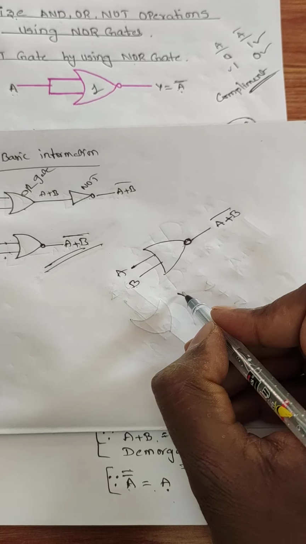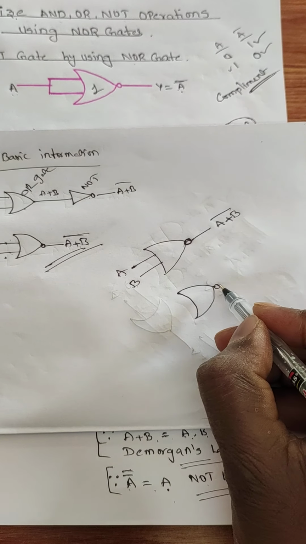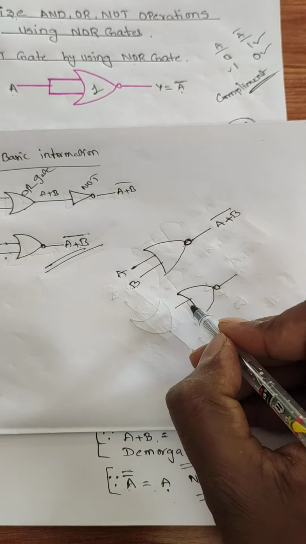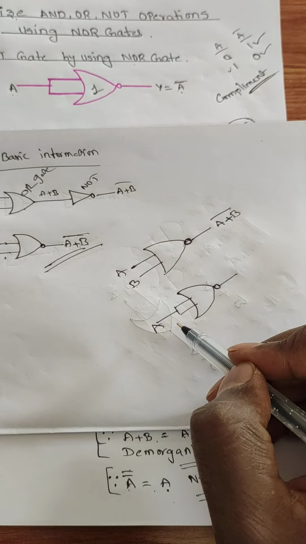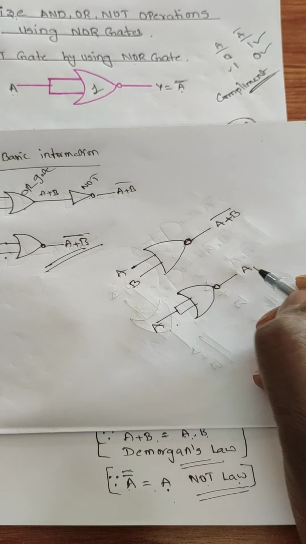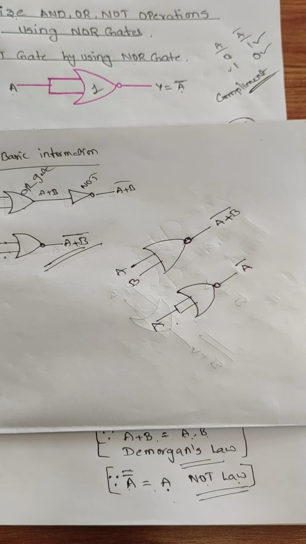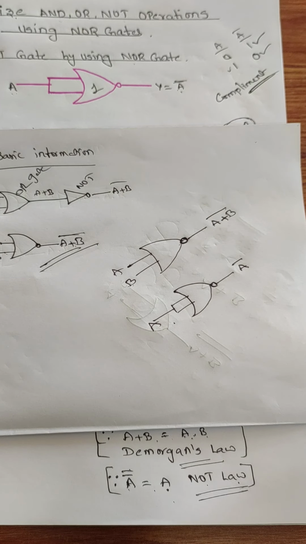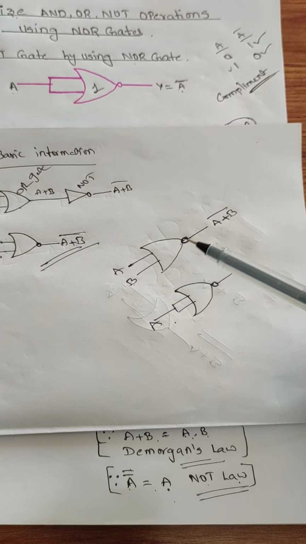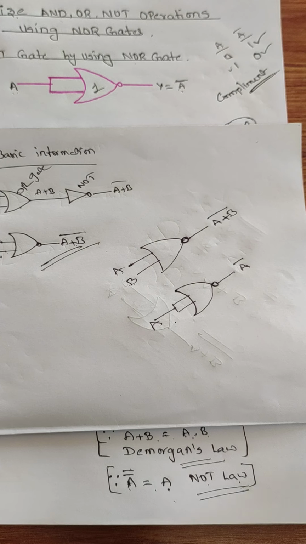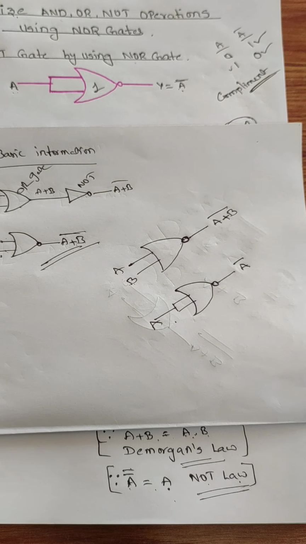Suppose it is a single input NOR gate, so all the inputs are tied together and only one input is there, that is A. Write down the input as it is and keep one bar above the A. In this way we can easily remember how to write the outputs for given inputs of NOR gate. If you need further clear information about the gates concept, refer to my previous videos.